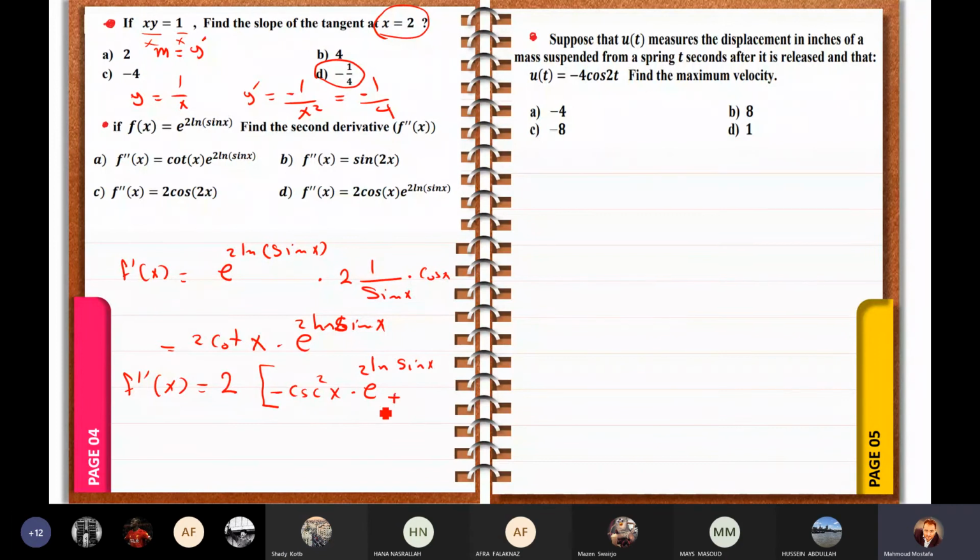Okay, plus cotan multiply by the derivative of e power 2 ln sine x. This one again, you have to write it again, which means multiply by 2 cotan x multiply by e power 2 ln sine x.